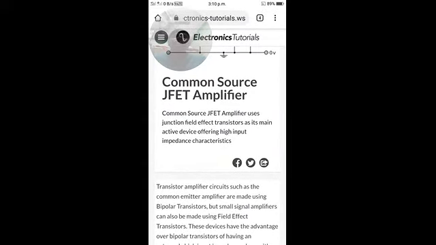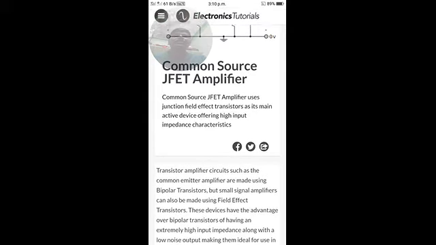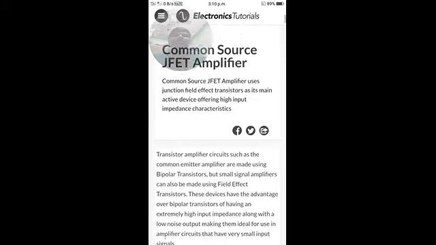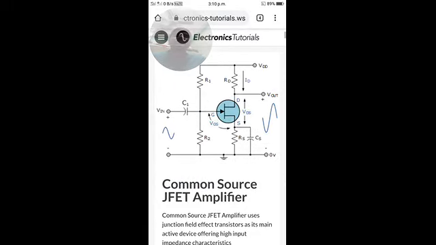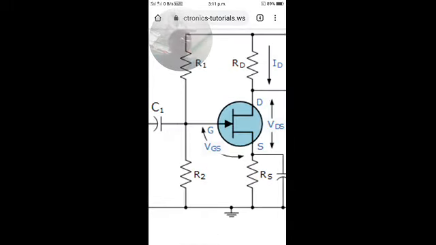Here the common source JFET amplifier uses junction field effect transistor, JFET, as its main device. Here this is the JFET.